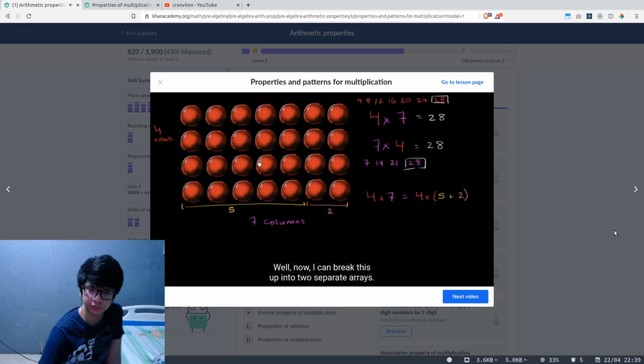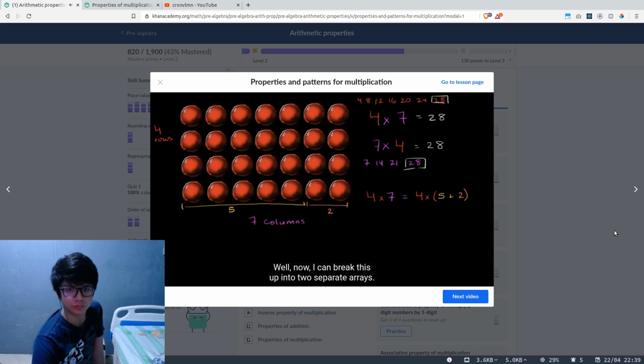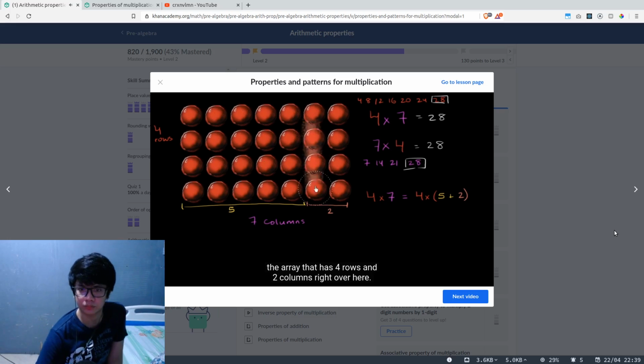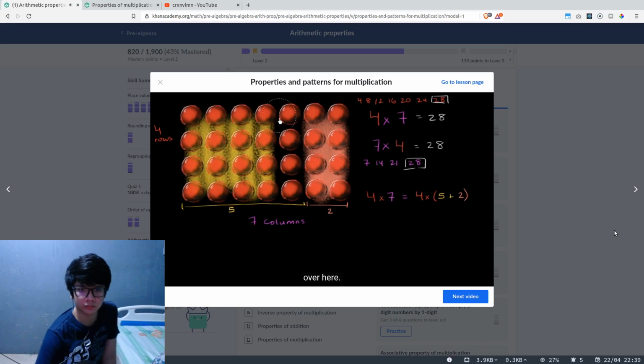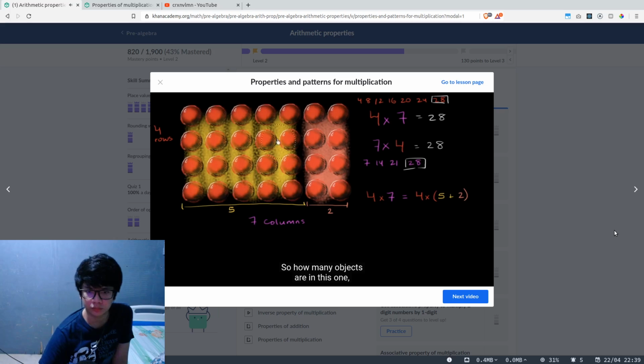Well, now I can break this up into 2 separate arrays. There's the array that has 4 rows and 2 columns right over here, and then there's the array that has 4 rows and 5 columns right over here. How many objects are in the yellow one?